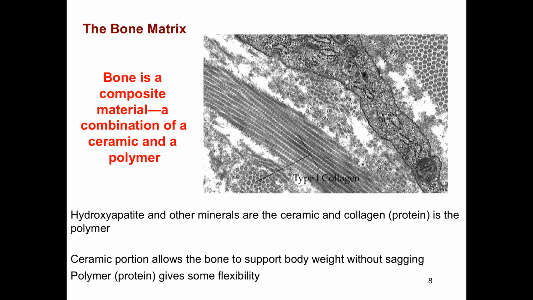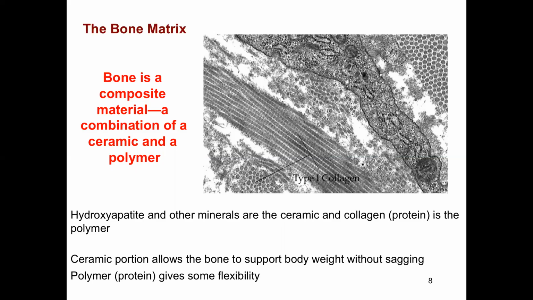But the ceramic is the mineralized part. When you talk about ceramics in chemistry, you're usually thinking of a clay of some kind, a calcium salt with some sort of mineral like magnesium or manganese in it.